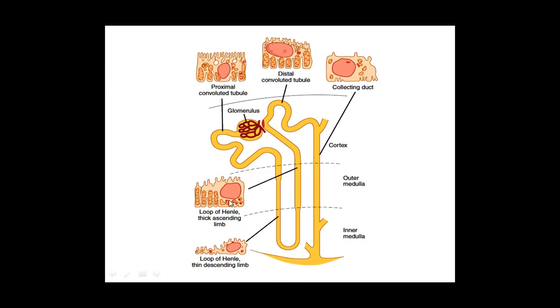A similar picture we also see in the distal tubule. In thick ascending limb and distal tubule, the picture is like that: very large nucleus, plenty of mitochondria, cuboidal epithelium, but the surface area is not that amplified.